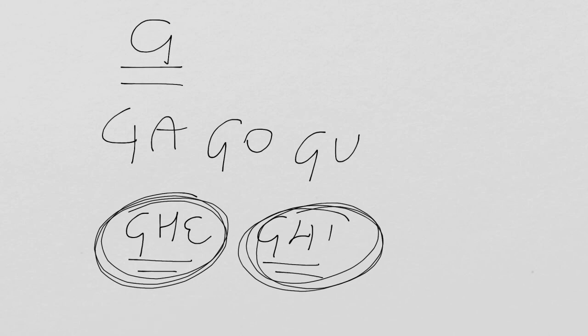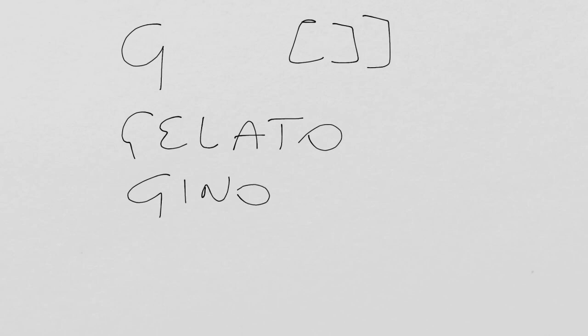Let's go to G with the sound of J, and we start with J, yes, gelato, of course. About G, Gino. Everybody knows a restaurant called Gino in America, or Gino's, okay?